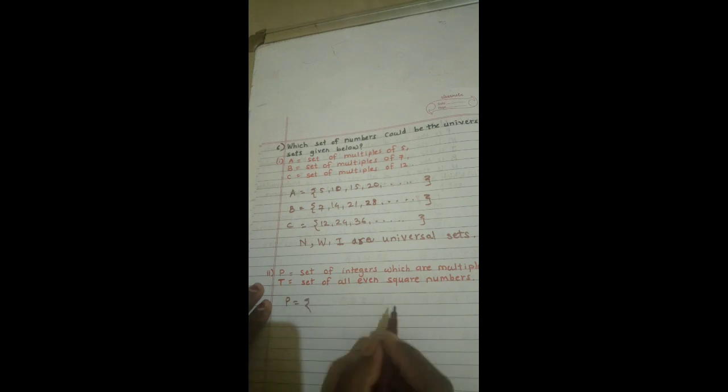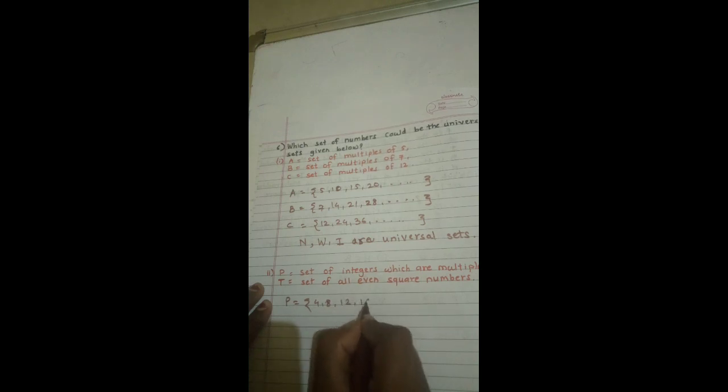P is the set of integers which are multiples of 4, and T is the set of all even square numbers. Let's write P, the set of integers which are multiples of 4, that means 4, 8, 12, 16 and up to infinity. And T is the set of all even square numbers: 4, 16, is 25 an even square number?